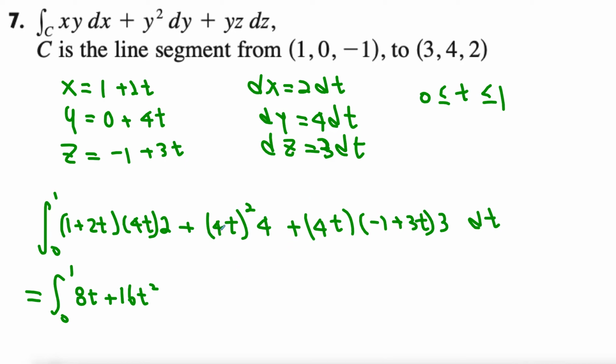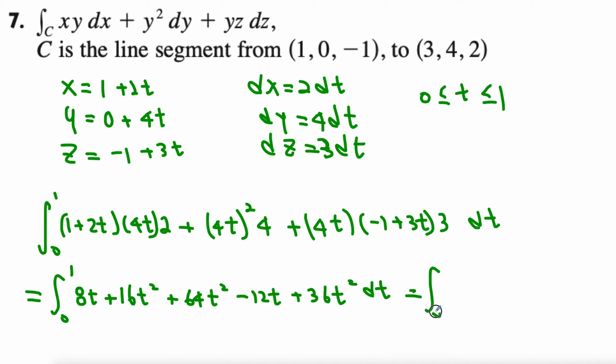And the next one becomes 16t squared times 4, so we get plus 64t squared. And the next one is the 12t multiplied here, so minus 12t, and then plus 36t squared dt.